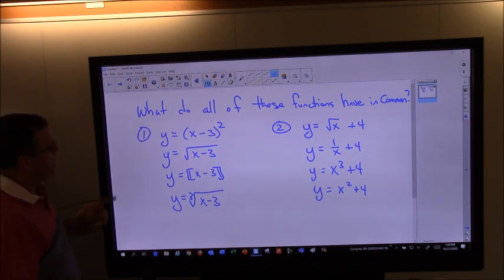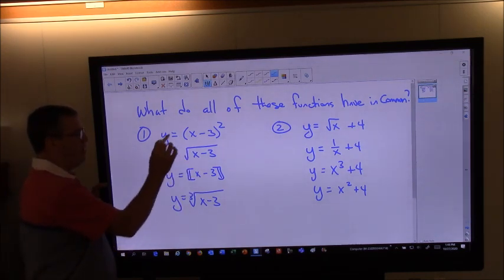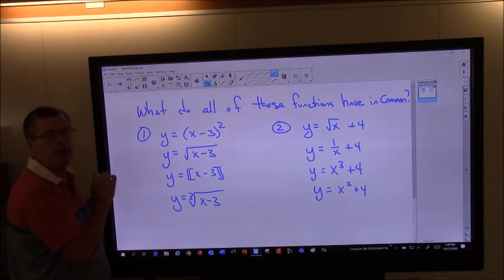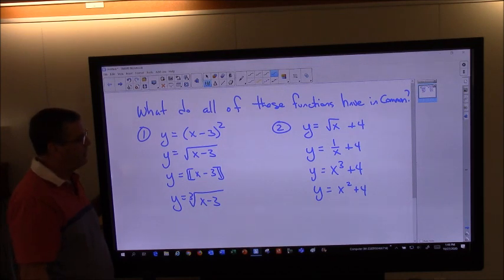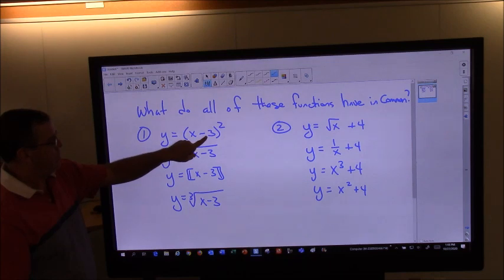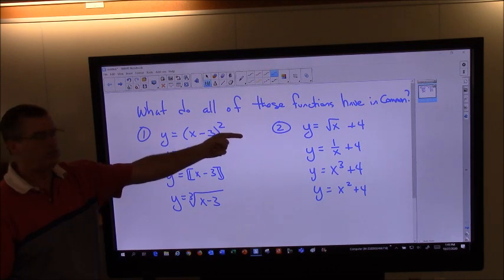All right, so I think a question like this, what they're really asking us is, how do all of these functions really compare to their parent function? How are they all different? We know what a basic parabola looks like. What this has done is it's shifted a basic parabola 3 units in the opposite direction.